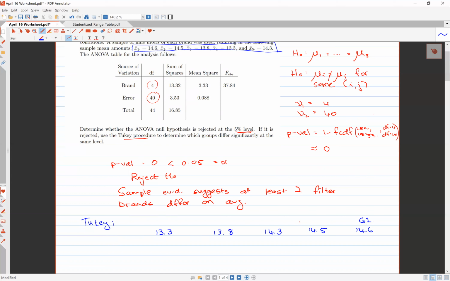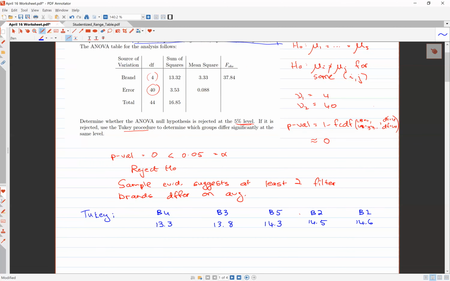And that corresponds to, I'll use B for brand, brand 1, brand 2, this was brand 5, the 13.8 was brand 3, and the 13.3 was brand 4.